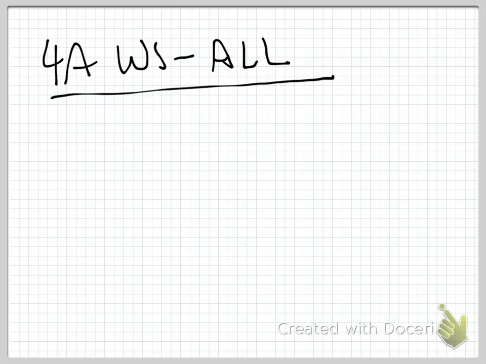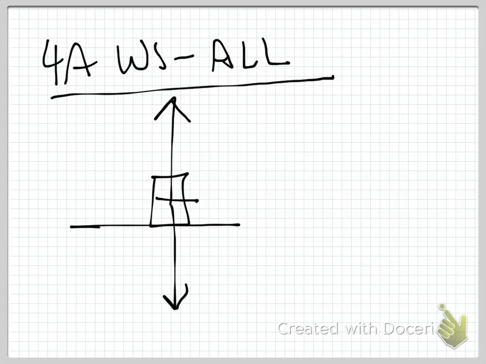If we have an object that is on a surface and it is neither sinking down into the surface nor rising up into the air, the force up and the force down on it have to be what? Equal. So remember that when you're looking at the 4A worksheet. I'm going to give you the rest of the time to work on it, while I float around and help you answer questions. So, that's it.